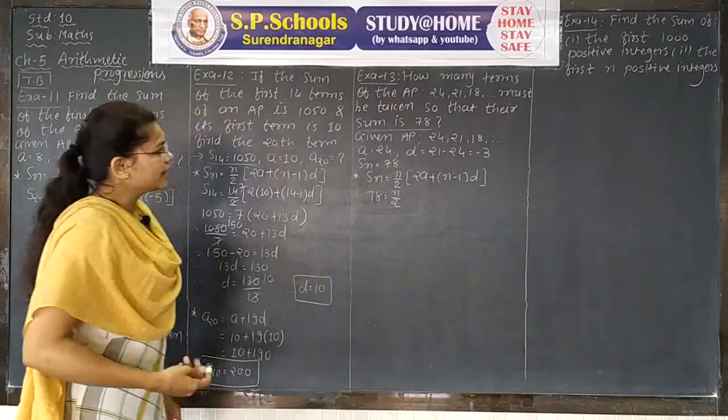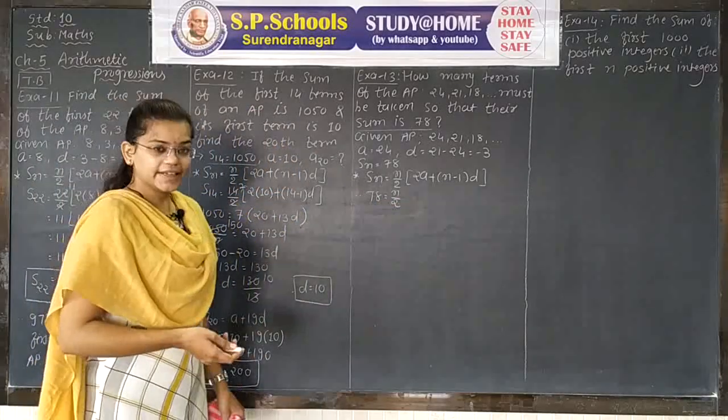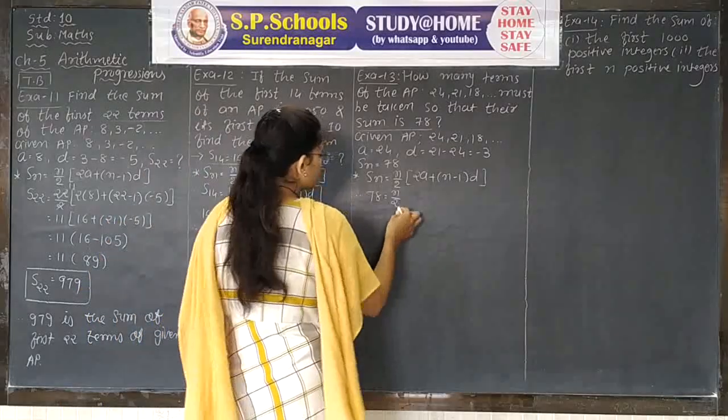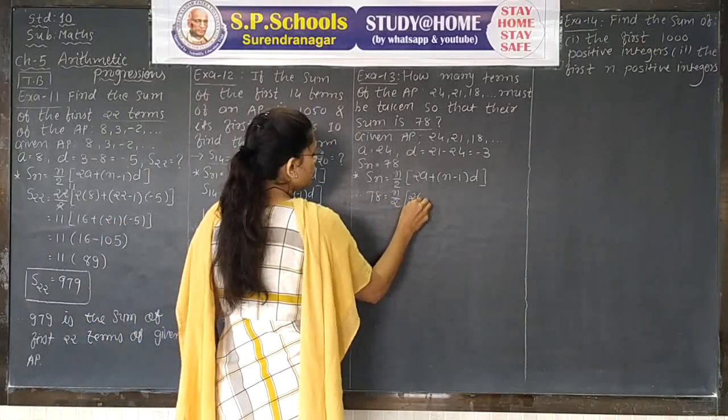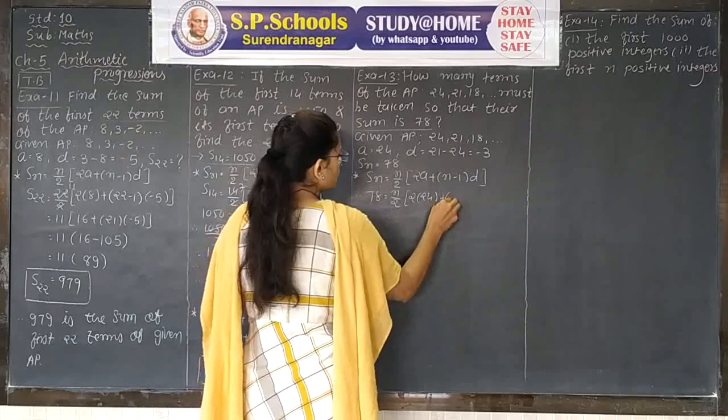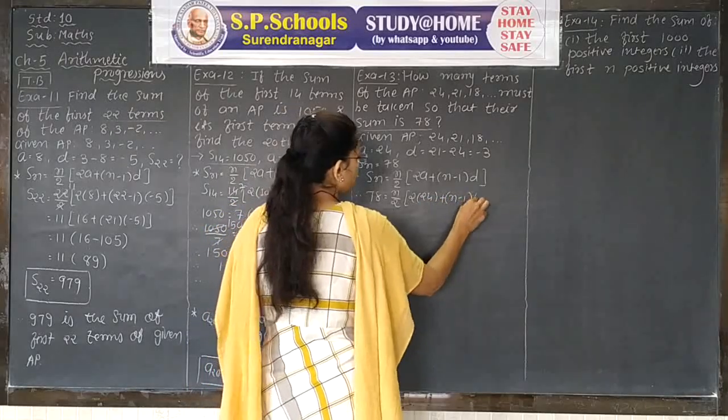We are finding how many terms must be taken, so it is small n, the value of small n as it is, 2, instead of A, 24, plus n minus 1, and the common difference D is equal to minus 3.